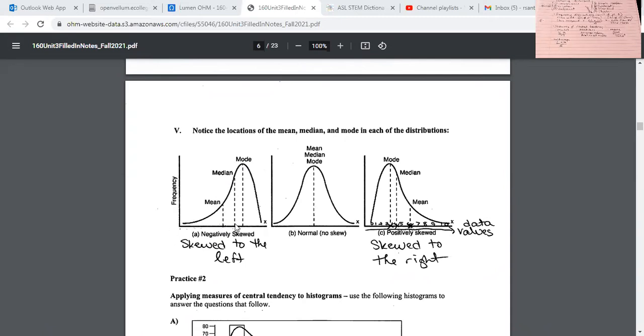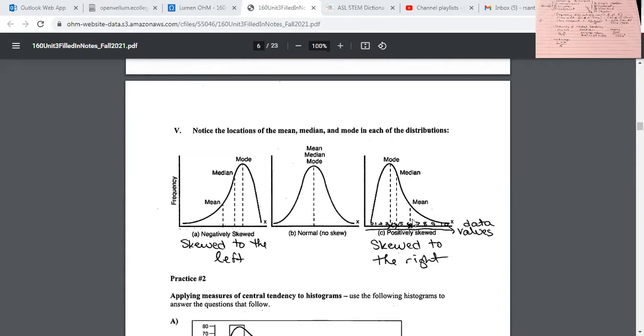So for negatively skewed or skewed to the left, that mean is being pulled towards the left, which we would interpret to mean that the average, the mean, is a smaller value than the median. For a skewed to the right distribution or positively skewed, the mean is being pulled towards the higher values. Those are technically your outliers.